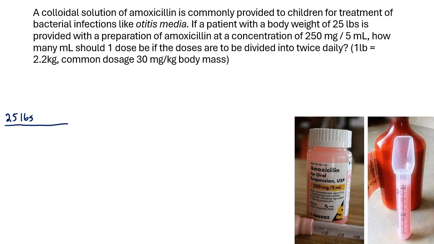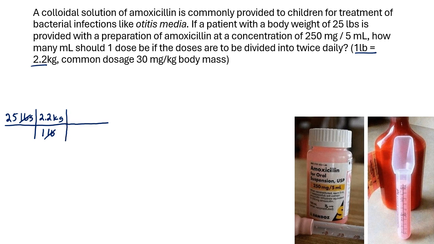So dimensional analysis tells me that I need to get a relationship with pounds on the bottom and kilograms on the top. And so I will write 2.2 kilograms is 1 pound, using this relationship here given to me in my problem. That will allow me to cancel out pounds, and that would tell me how many kilograms the patient weighs. But I'm not going to stop there.